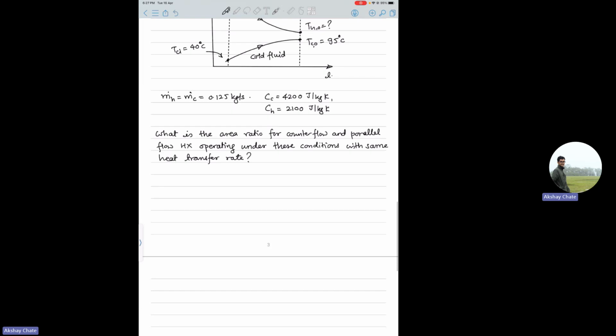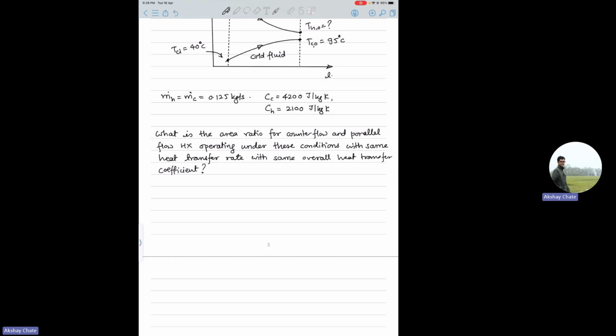Also, one thing: with same overall heat transfer coefficient. So this is actually a very general abstraction of the problem.